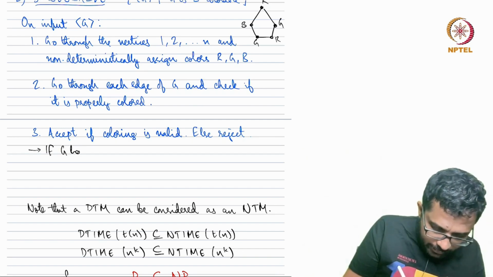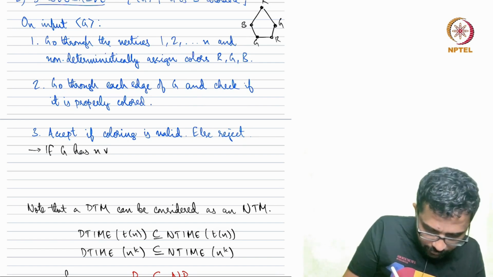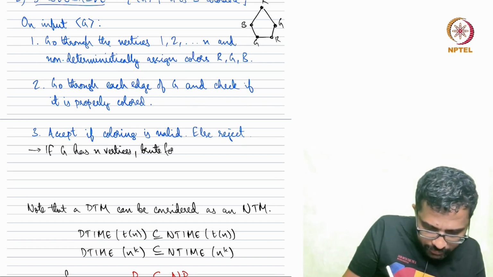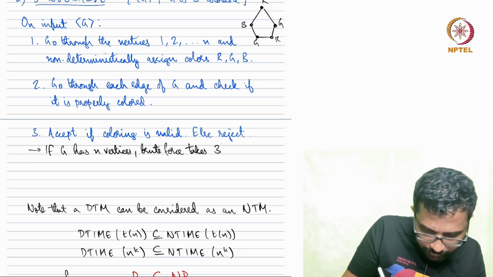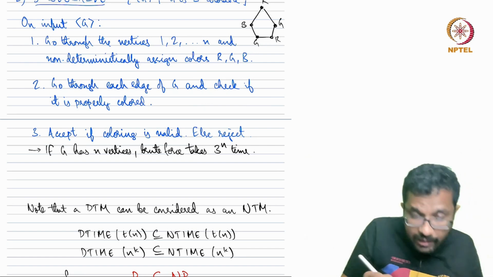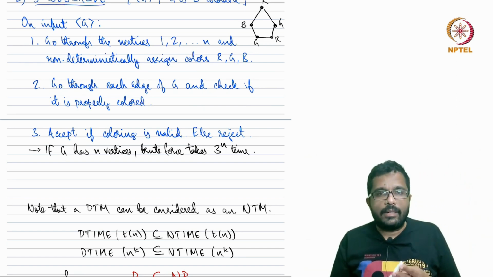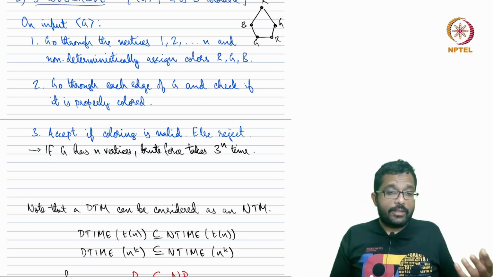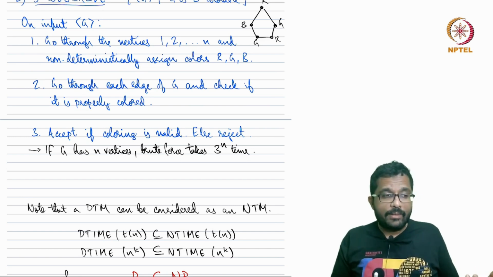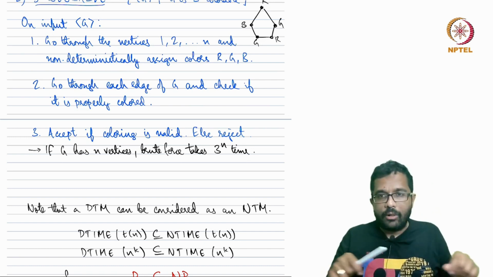If G has n vertices, brute force takes 3 power n time, right? Because each vertex has 3 possible choices of colors, red, green and blue, so there are 3 power n possible assignments, and then once the assignment is completely assigned, we need to go through all the edges.